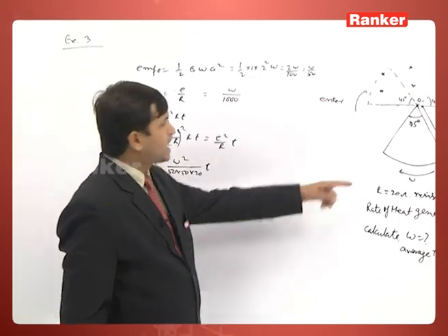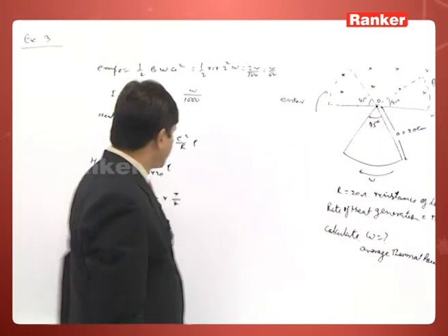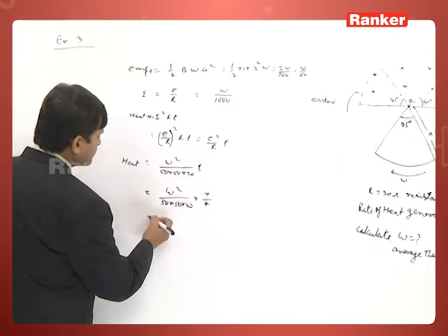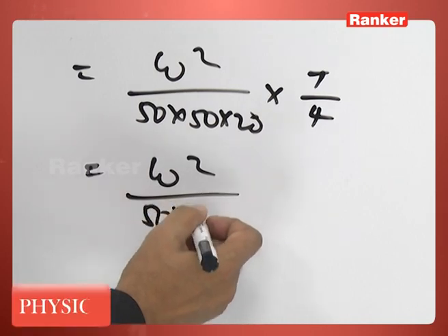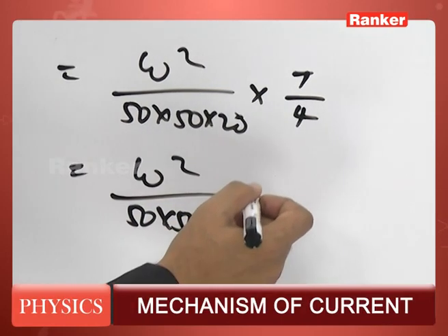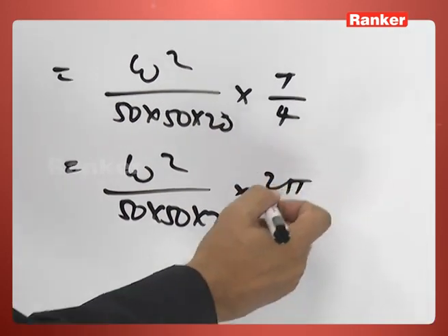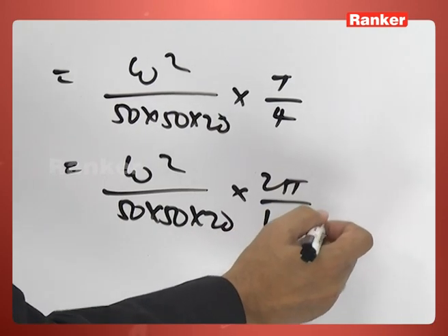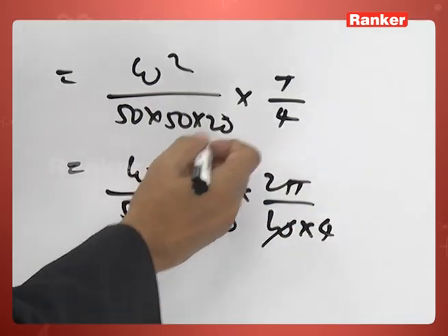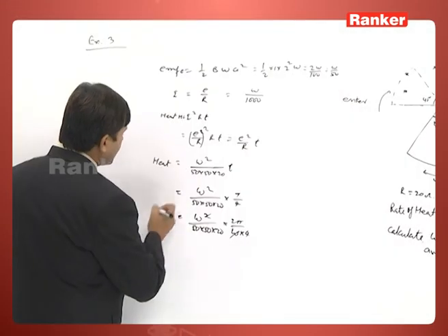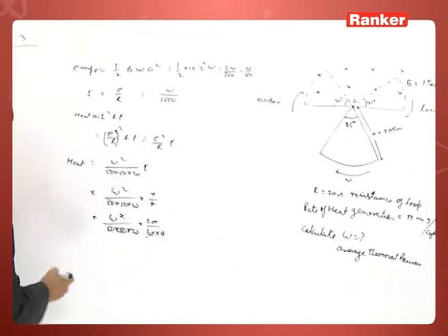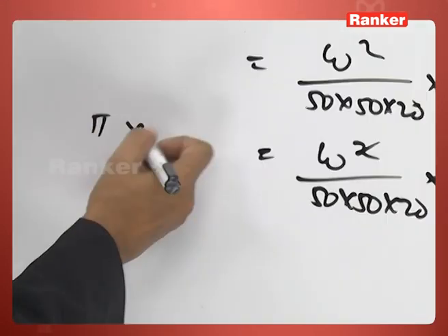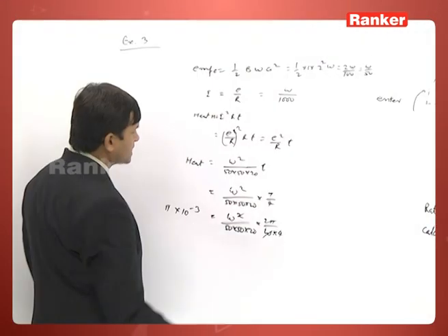So the time is 2 pi by omega into 4. So omega and omega we can cancel, and this heat per cycle is given as pi millijoule, so this is pi into 10 to the power minus 3.